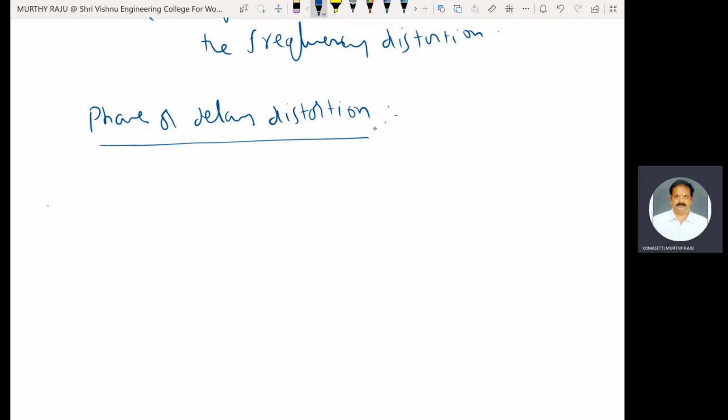This results in distortion known as phase or delay distortion. In case of frequency distortion, all the frequency components will not have the same attenuation constant.